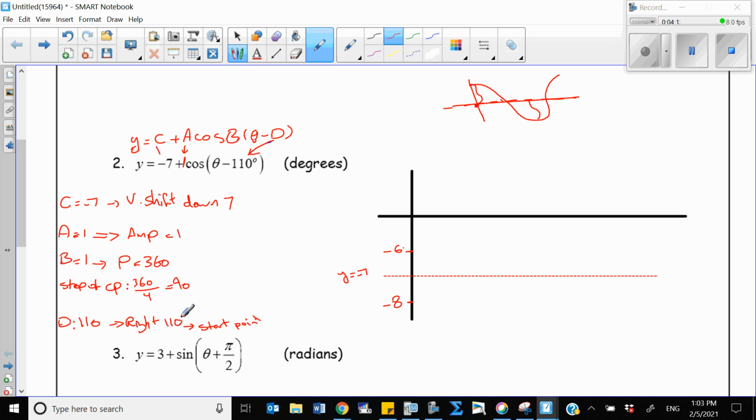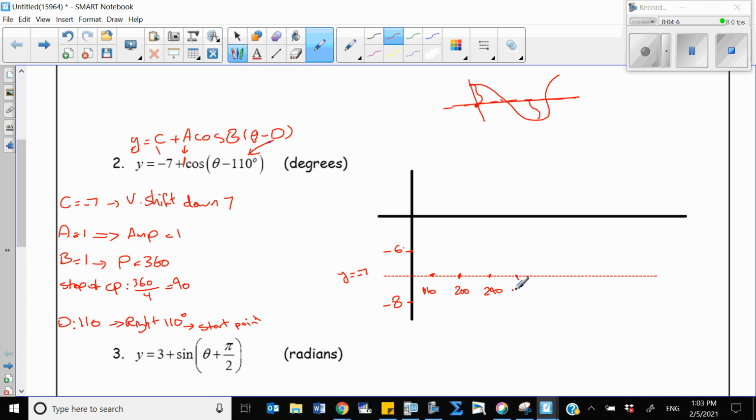I'm going to start with 110. Let's say it's here, 110. Then I need to go 90 degrees to the right, because the step between critical points is 90. So 110 plus 90 is 200. Plus another 90 is my next critical point, 290. Again, I add another 90 to that.